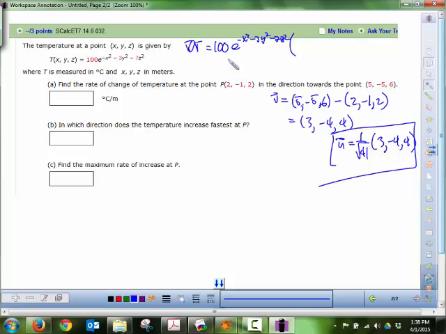So the only difference is that I'll have the extra factors of the derivative of the powers. So the first one is 100 e to the negative x squared minus 3y squared minus 7z squared times the derivative of the power, which is negative 2x. Second one will have the same times the derivative of the power with respect to y, which is negative 6y. And then the same thing.